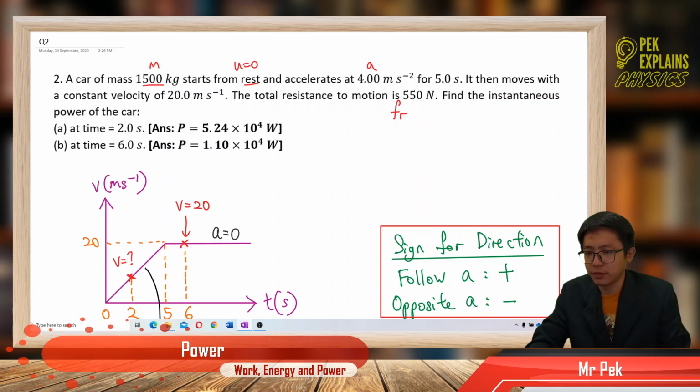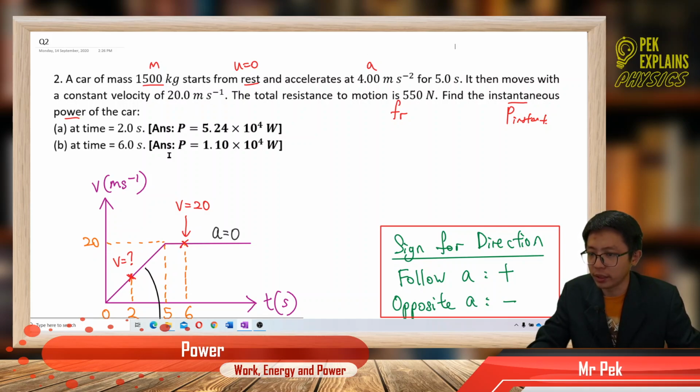We want to find the instantaneous power, power instantaneous at a certain time. So we have 2 time slots here: 2 seconds and 6 seconds.